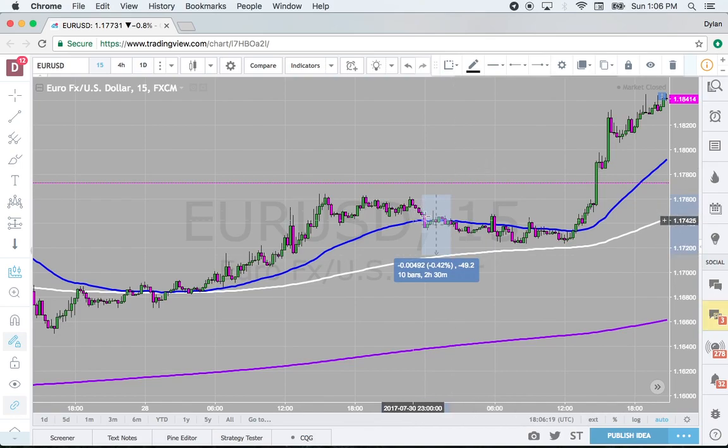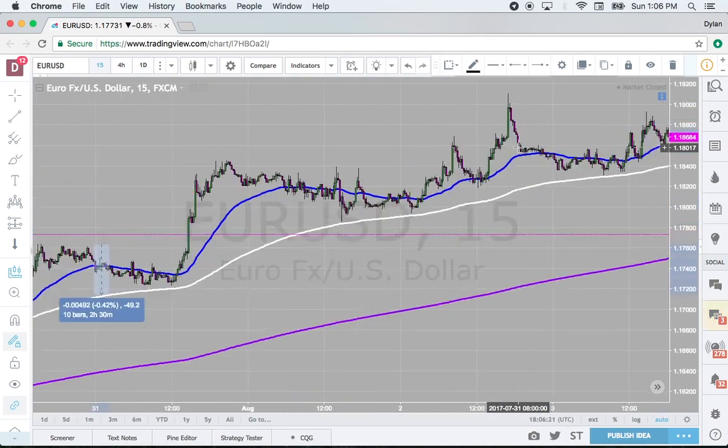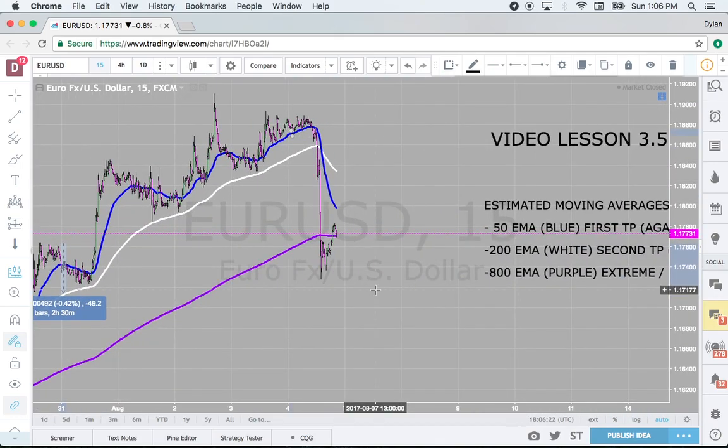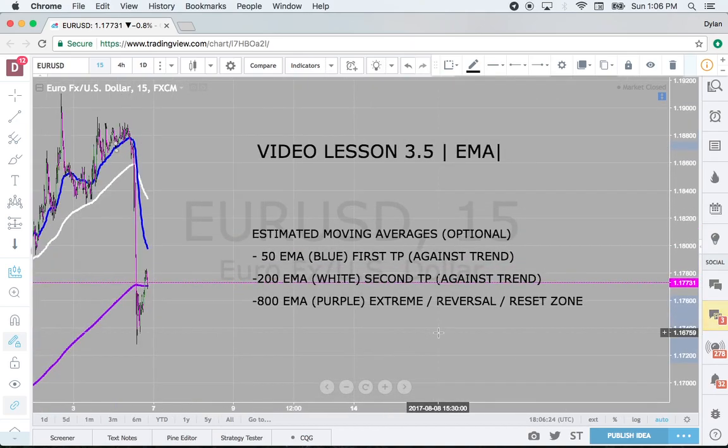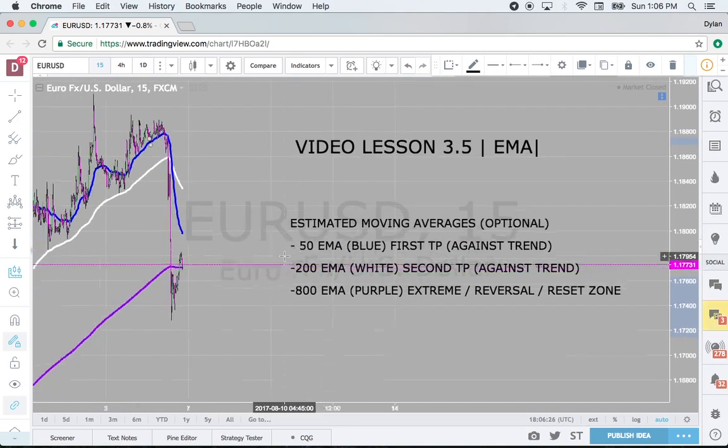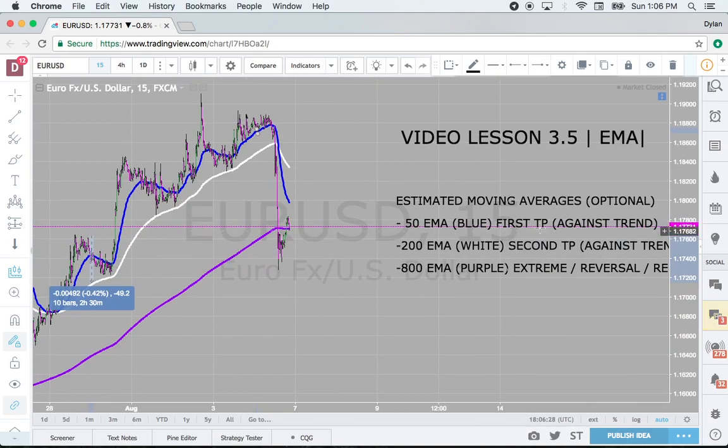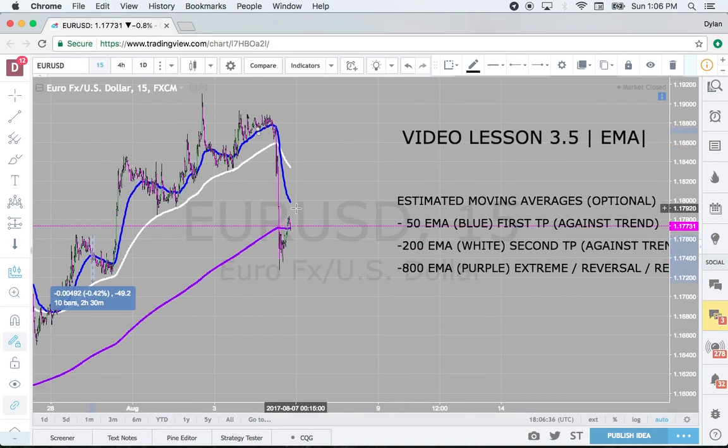So it's normally 30 to 50 pips in that range when going against the trend. So 50 EMA blue, first take profit against the trend. 200 EMA white is the second take profit when going against the trend.